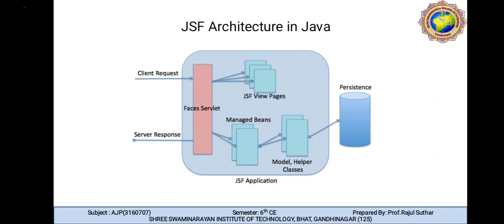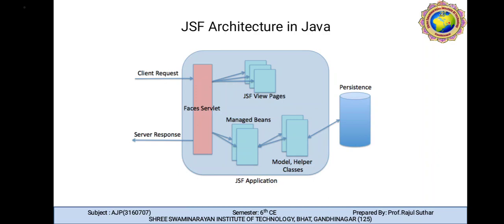The managed bean acts as a model. The faces servlet will determine and route the request to the appropriate page for displaying the information. This web page is an XHTML file. This part acts as a view.